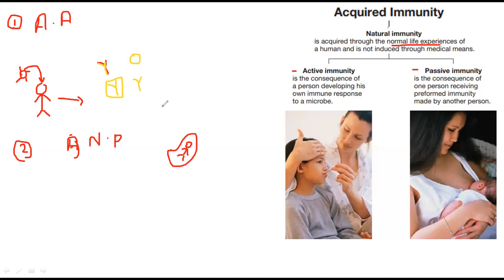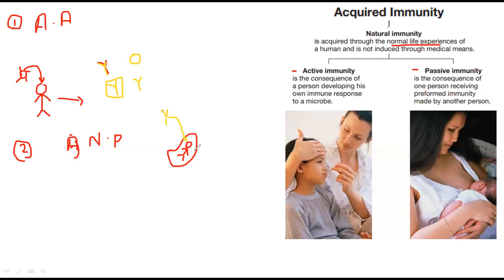When the mother is exposed to an antigen and is producing antibodies against that pathogen, there is a chance that these antibodies can cross the placenta and enter the fetus.